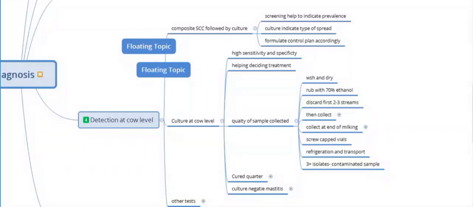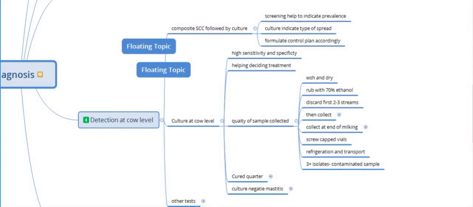So if you are not properly collecting and processing the sample, you may get any other bacteria. You can even get bacteria that are present in your hand also. So the procedure of milk collection and processing of the milk for culture and sensitivity is very important. A cursory view regarding this: first you have to wash and dry the udder, then rub the udder with 70% ethanol.